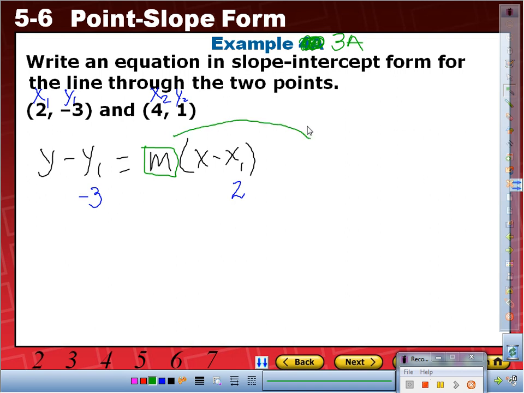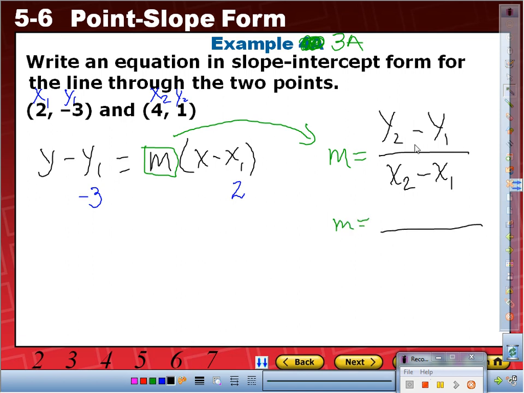So in order to get this one, I write my formula, m equals y2 minus y1 over x2 minus x1. Remember that one? So therefore, we just substitute information. So we get m equals. So what is y sub 2? 1 minus, what is y sub 1?